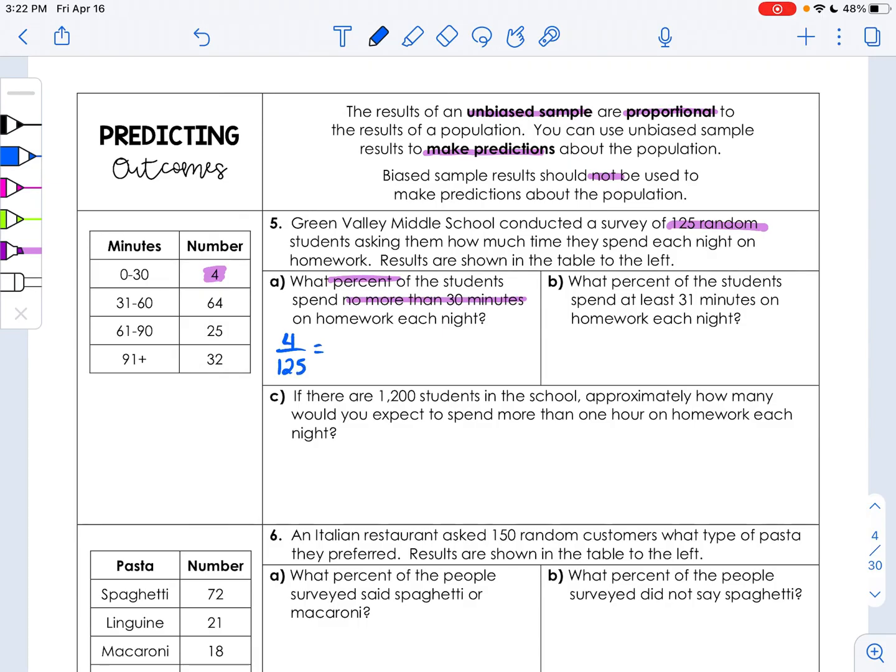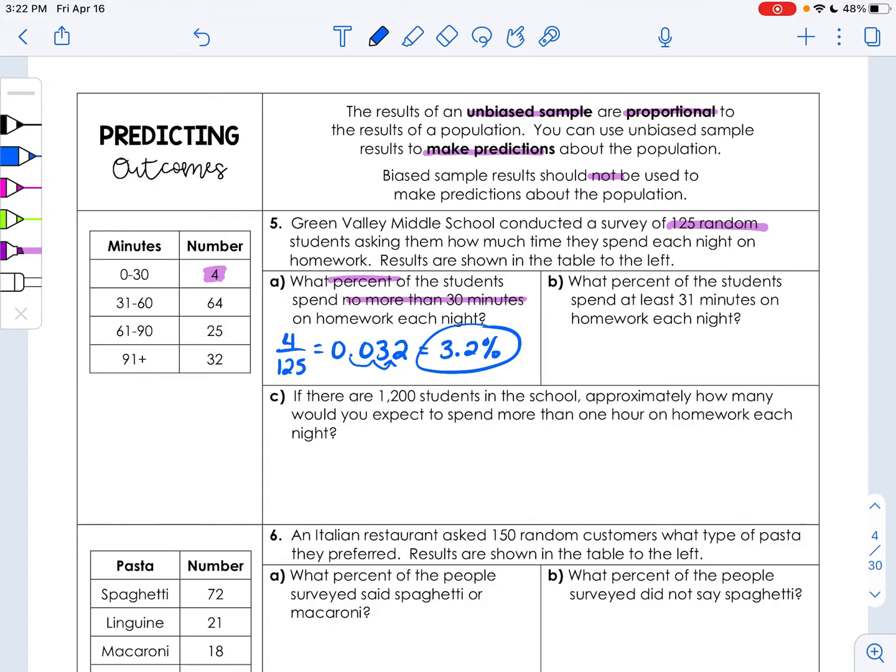And 4 divided by 125, and we can put that in the calculator, is 0.032. Again, it asks for the percent. So we need to move that decimal 2 places to get 3.2%. So not a big percentage of the population would spend less than 30 minutes on their homework.